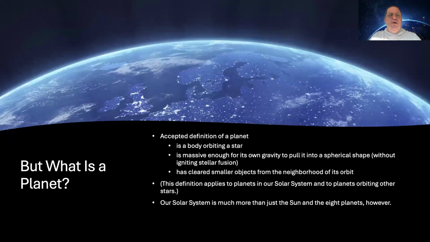Last time I talked about the definition of planet, just to refresh your memory. The accepted definition is a body that orbits a star, is created around a star, is massive enough to be under its own gravity to be a spherical shape, and has cleared its orbital neighborhood.